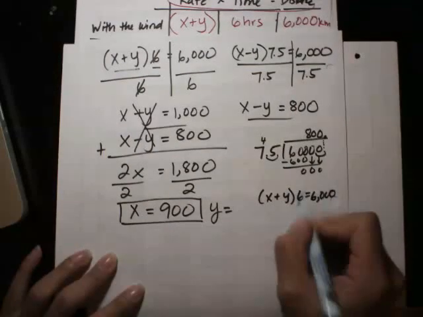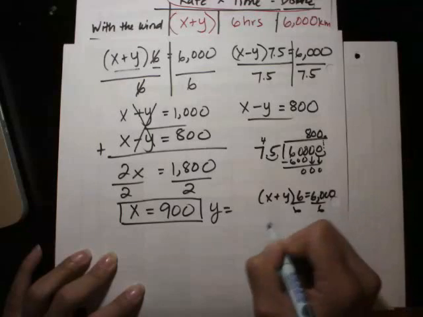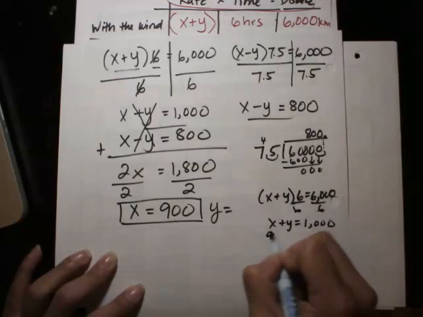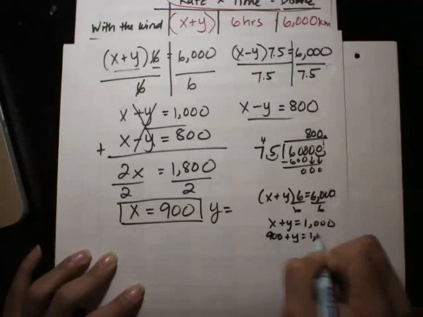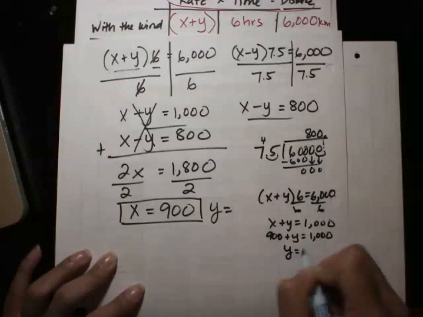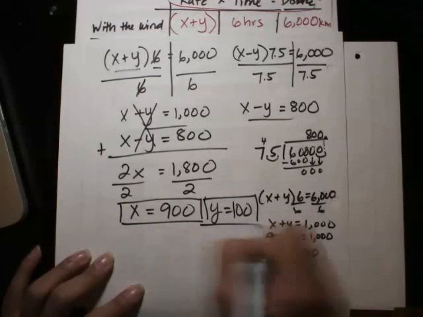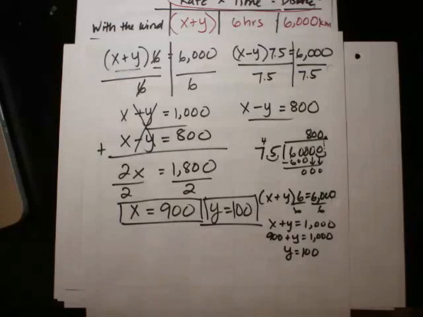If I divide by 6, x plus y will give me 1,000. If x is 900 plus y equals 1,000, y must be equal to 100. So y is 100.